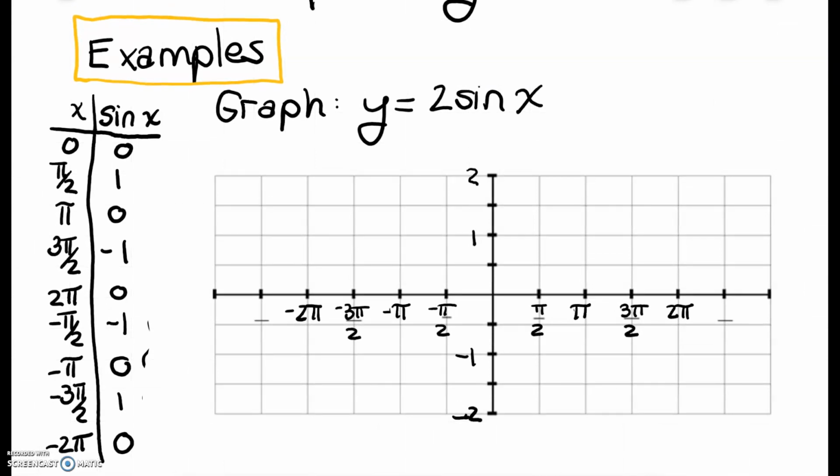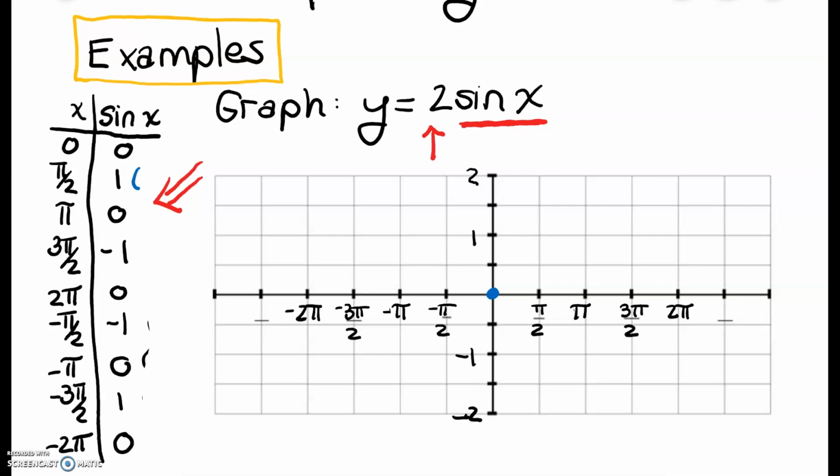change the amplitude. So here we're going to take all of our sine values, and I have my sine values right here in my graph, and I'm going to multiply those by 2, and I'm going to plot them. So sine of 0 radians is 0, so I multiply that by 2 and I get 0.